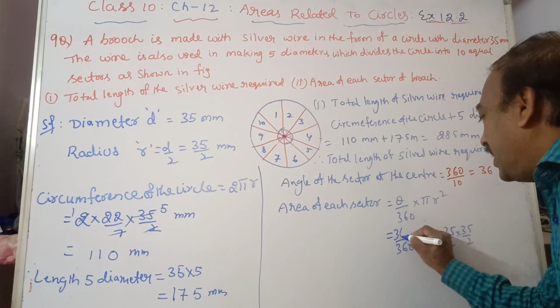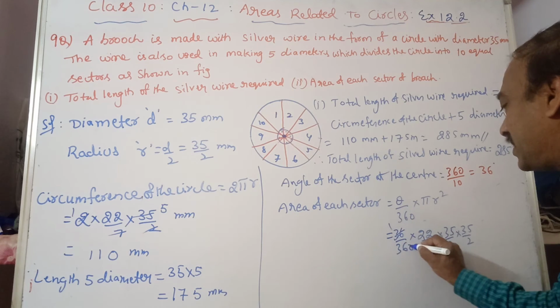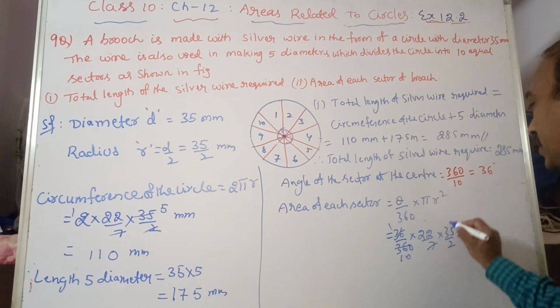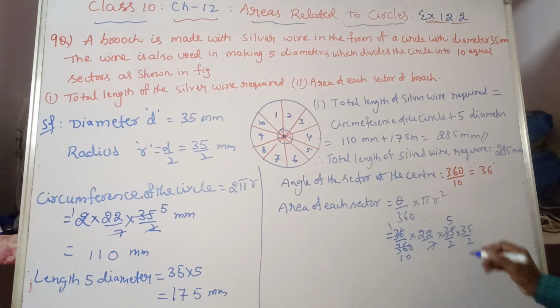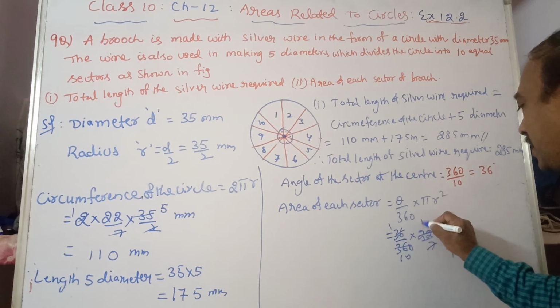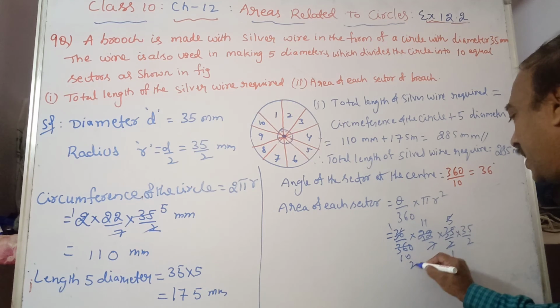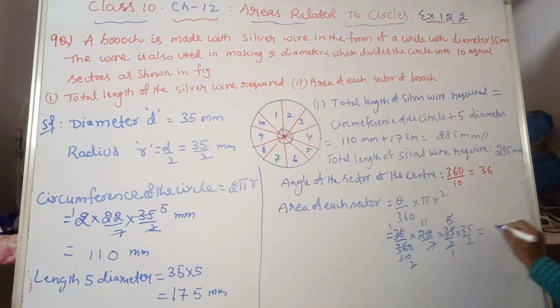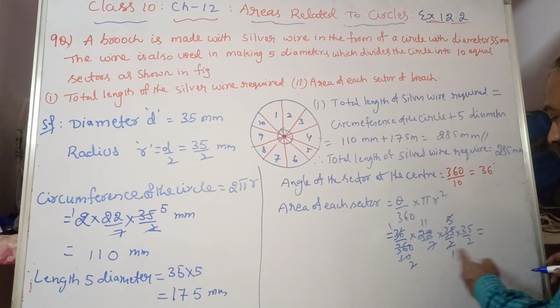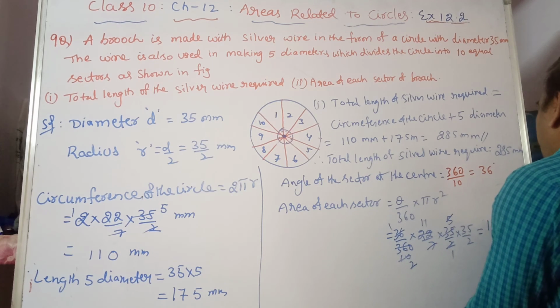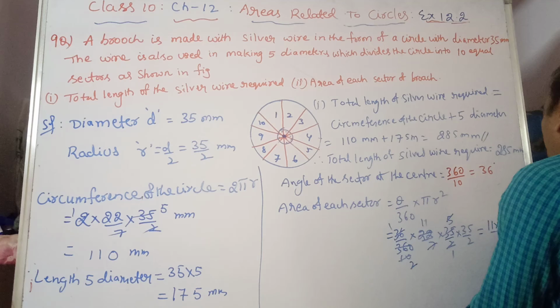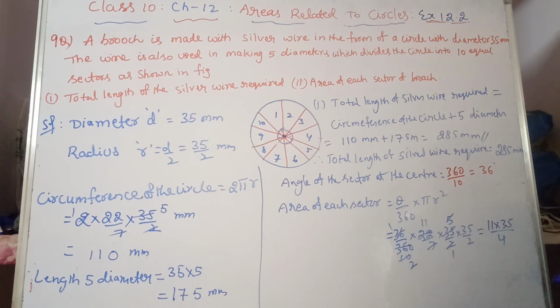Observe it. So this is theta, 36 degrees we got. So 36 ones are 36, tens are over. 7 ones are 7, fives are over. 2 ones are 2, 11s are over. Next 5 table, 5 ones are 5, twos are over. Now what is left over here? 11 into 35 by 2 into 2, so 11 into 35 by 4. 11 fives are 55, 11 threes are 33 plus 5, 38.